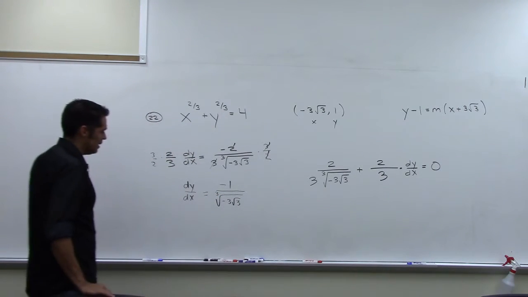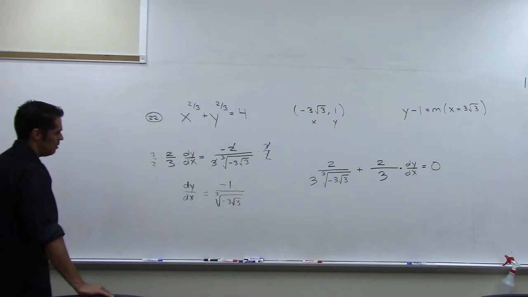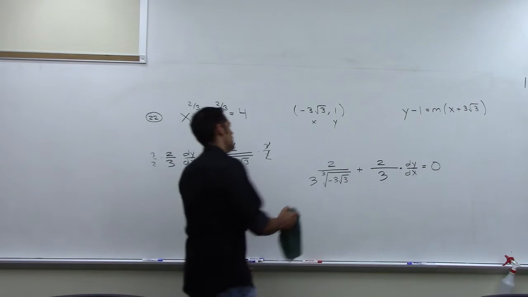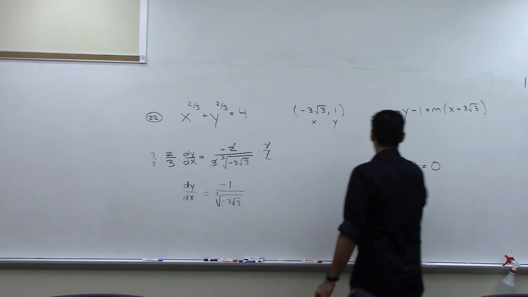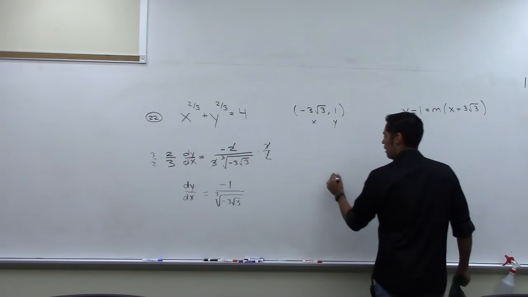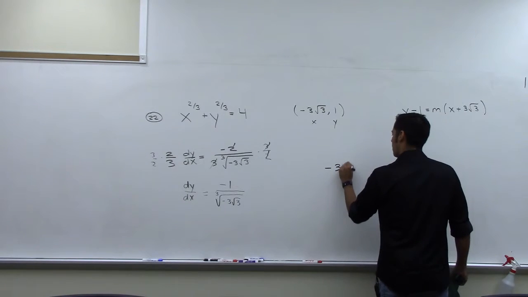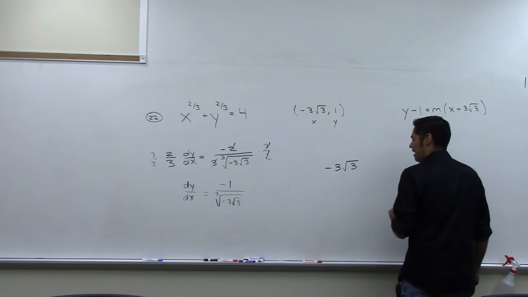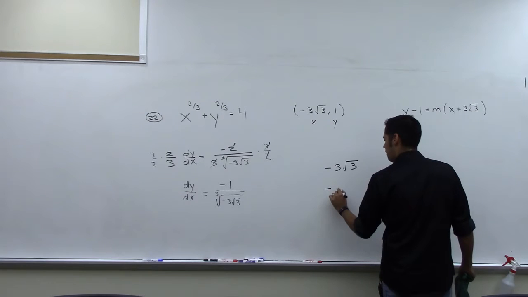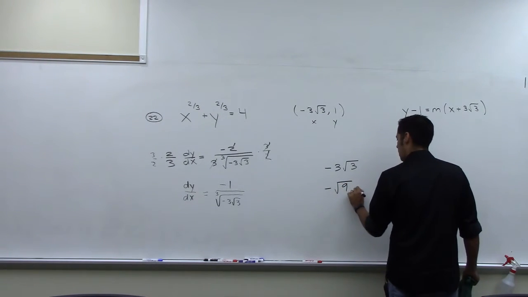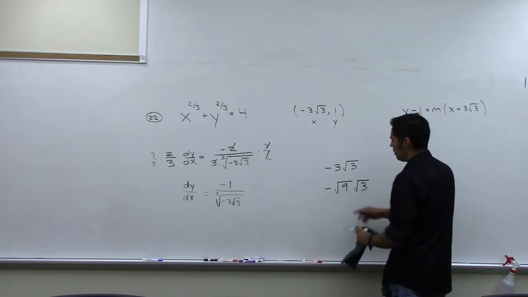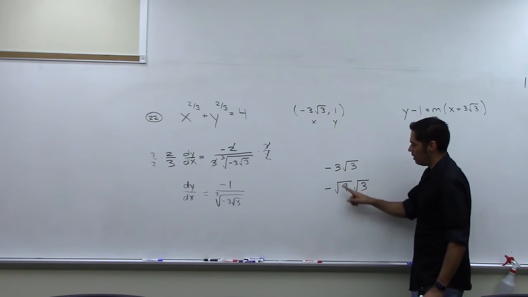And I really don't know if I should mess with this anymore. Let's try and mess with it. I don't like that as a slope. So let me try and convince you of something. This negative 3 root 3, that is the same as negative square root of 9 root 3, because 3 is actually the square root of 9, right?